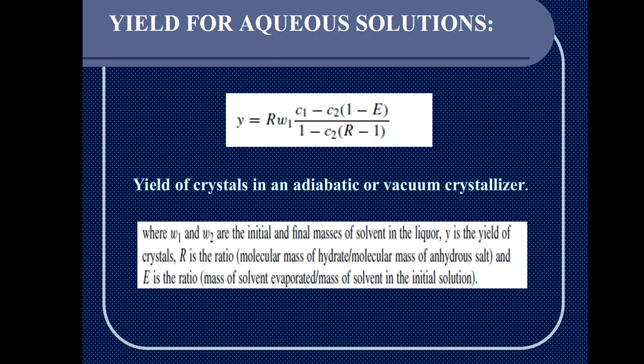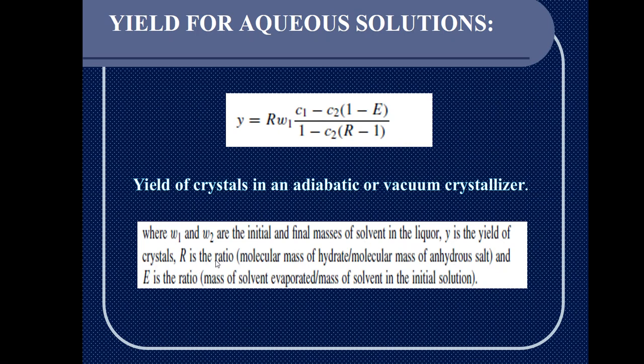So in the formula that you see here, the W's represent masses. So masses, initial and final masses of the solvent in the liquor. So take note of the solvent, not of the solute. Y is the yield of the crystals.